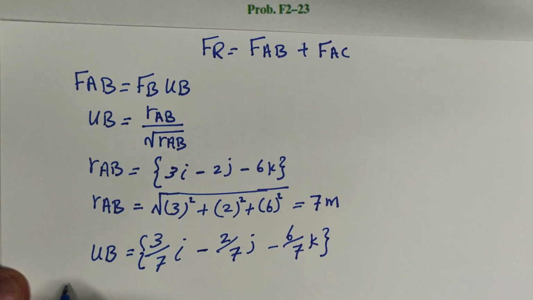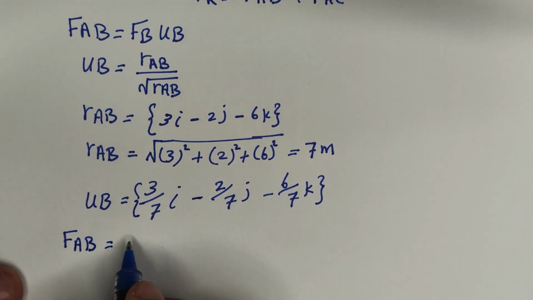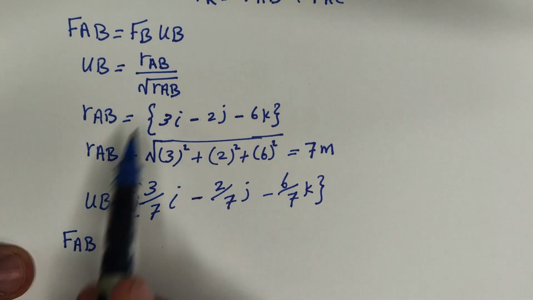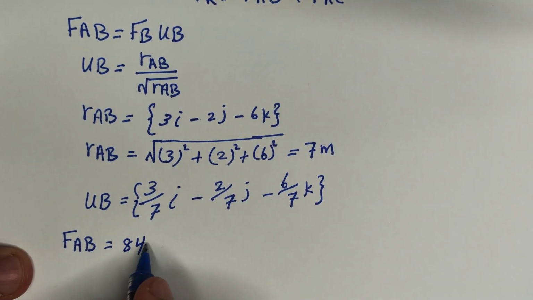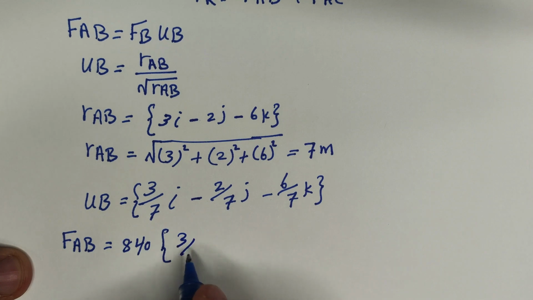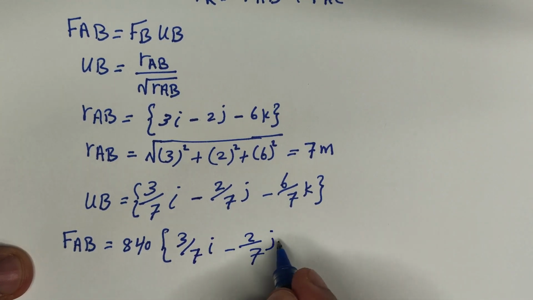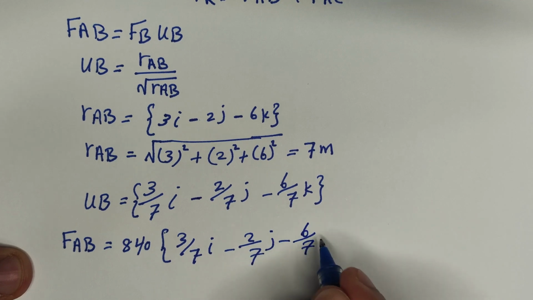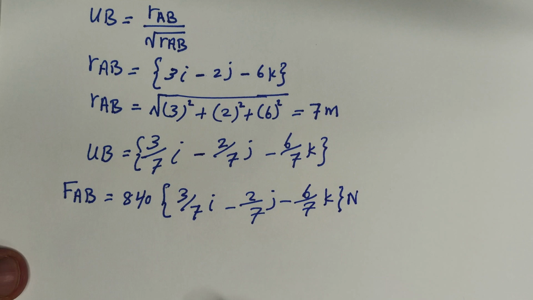Now finding the force FAB, we know that FB itself is given as 840 Newton, and we multiply it by 3 over 7 i minus 2 over 7 j minus 6 over 7 k, and this force is in Newton.